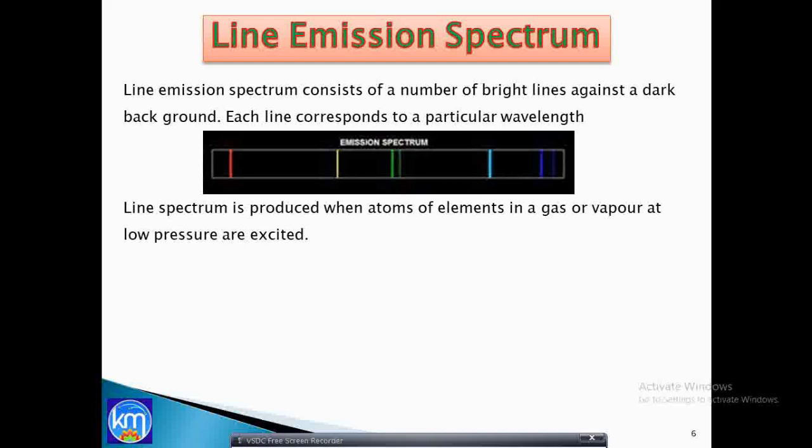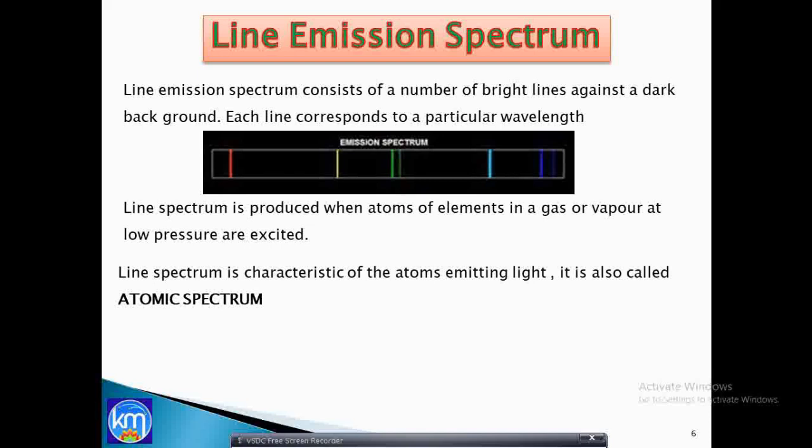So this is the source of the line emission spectrum: atoms in the gaseous or vapor state, if excited at low pressures, give a line emission spectrum. The line emission spectrum is characteristic of the atoms emitting light, hence it is also called atomic spectra. So remember, the line spectrum is the characteristic of the atoms emitting light.